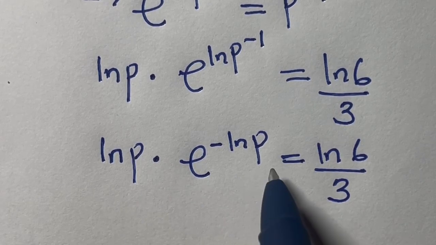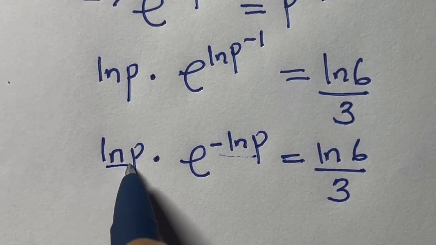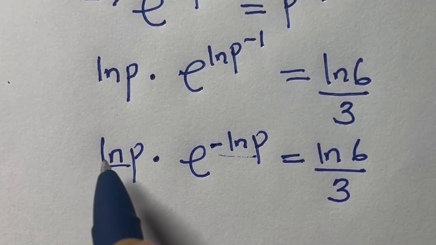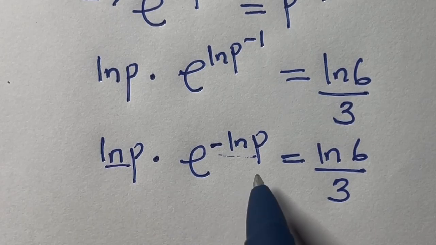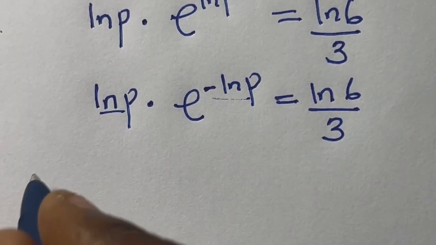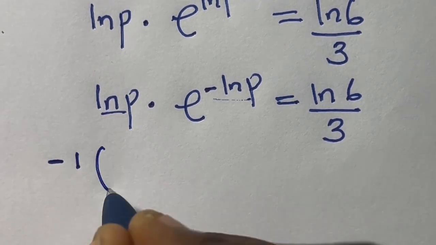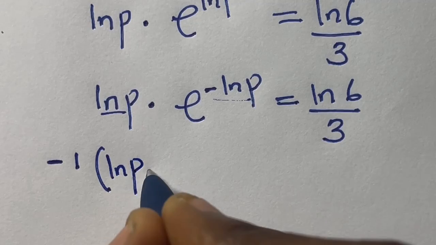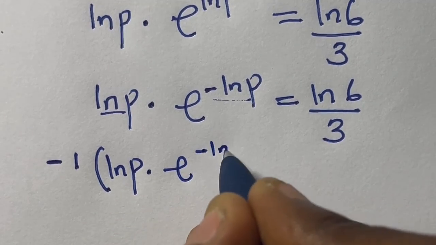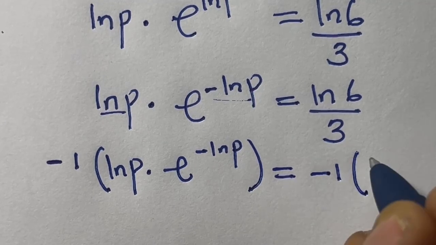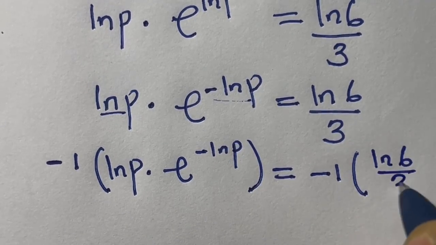Where the base and the power must be the same. Look at here and look at here. We have minus here, so that means we have to have minus here. And to have it here, we have to multiply throughout by minus 1. So if you multiply throughout by minus 1, we have minus 1 multiplied by ln p times exponential minus ln p, equals minus 1 times ln 6 divided by 3.